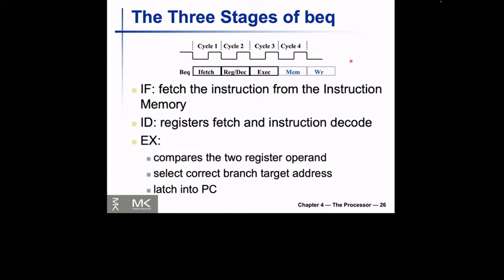BEQ only needs to go through instruction fetch, instruction decode, and execution. Execution is used to compute the target address. Then it doesn't need to access the memory, and it doesn't need to write anything back to the register. But again, we force it to go through all 5 stages, although the last 2 stages are useless for BEQ.